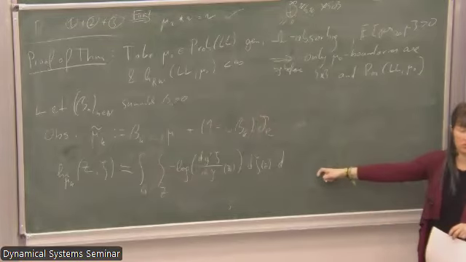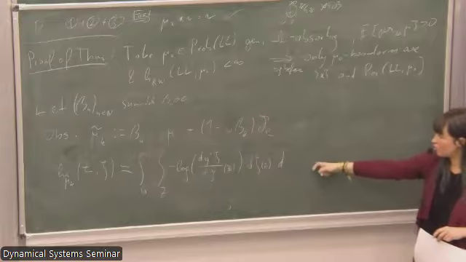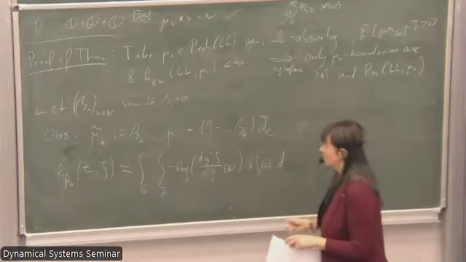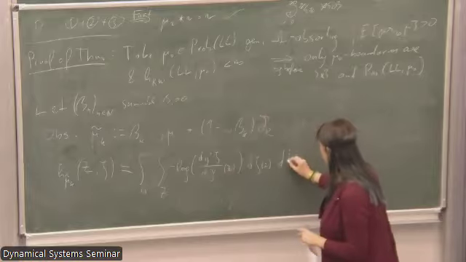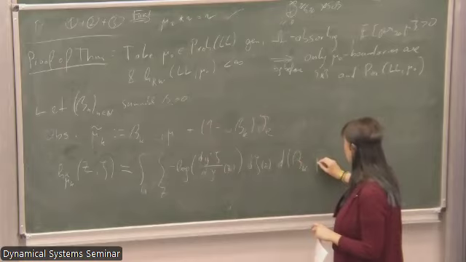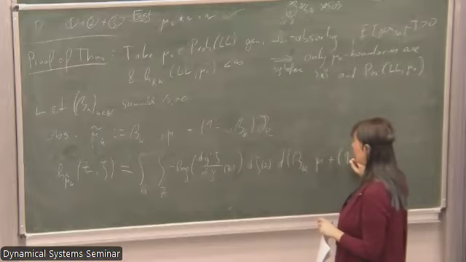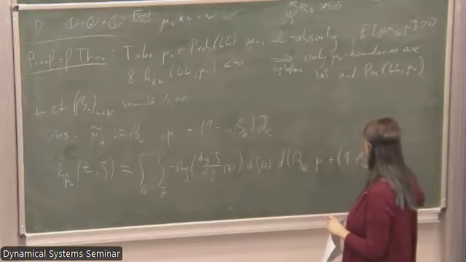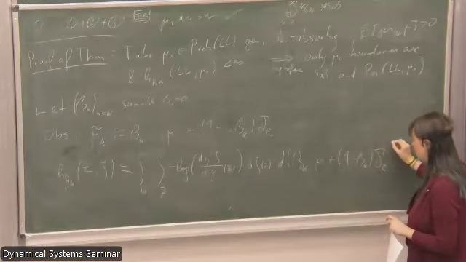Now I have my random walk measure here. This would be my mu, but my mu is this mu k tilde. So I have here beta k times mu plus 1 minus beta k times Dirac identity.